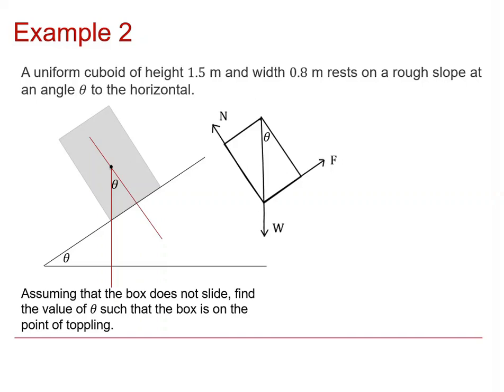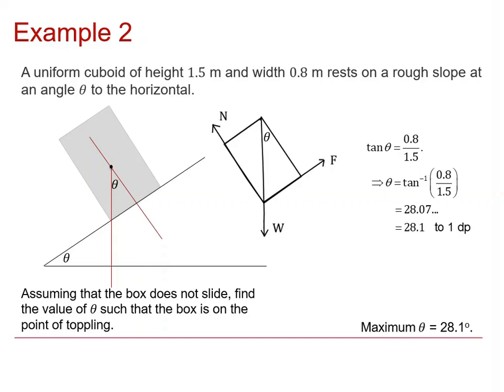So the tangent of theta will be the base measurement over the height measurement. So tan theta is 0.8 over 1.5, and we work that through using the calculator to get the angle 28.1. And that's the maximum angle that you can get when you tip it, and that's the point at which the box will topple. So there's our answer, 28.1.